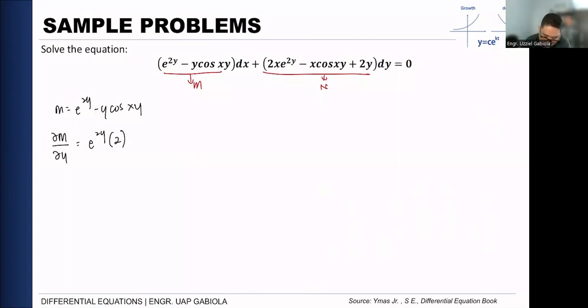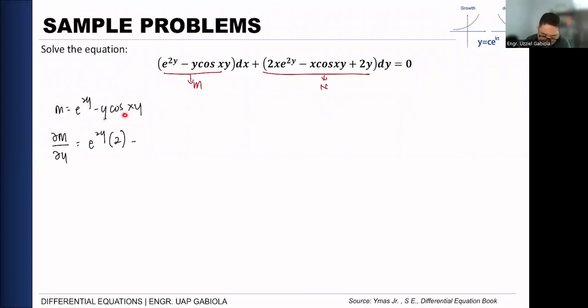Okay? Next term. Next term natin is a product of two function. May y tayo tsaka cosine xy. Pero treated as constant yung x na variable dito. So parang ano lang yan, y times cosine y. Pero kailangan natin ng derivative ng product.